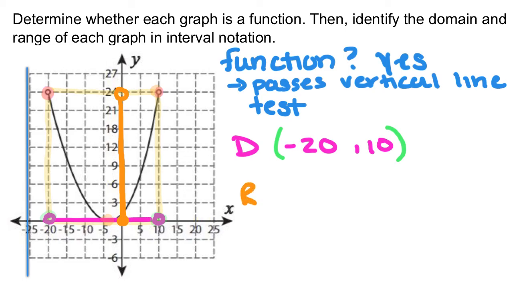So the range, the lowest possible y is 0, the highest possible is 24. For the 0, since it includes that value with a closed circle, you'd have a bracket. And for the 24, it's an open circle, so it doesn't include it, so you'd use a parentheses.